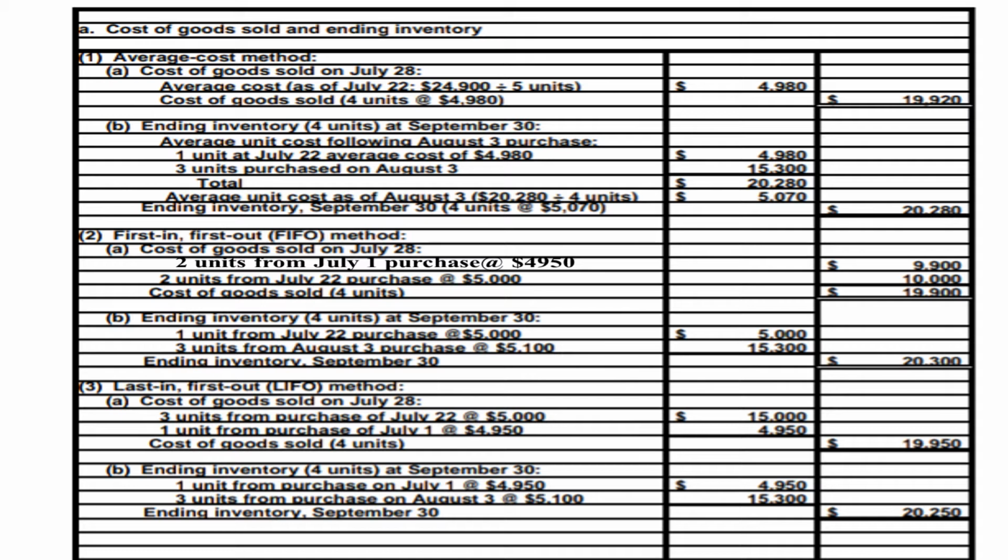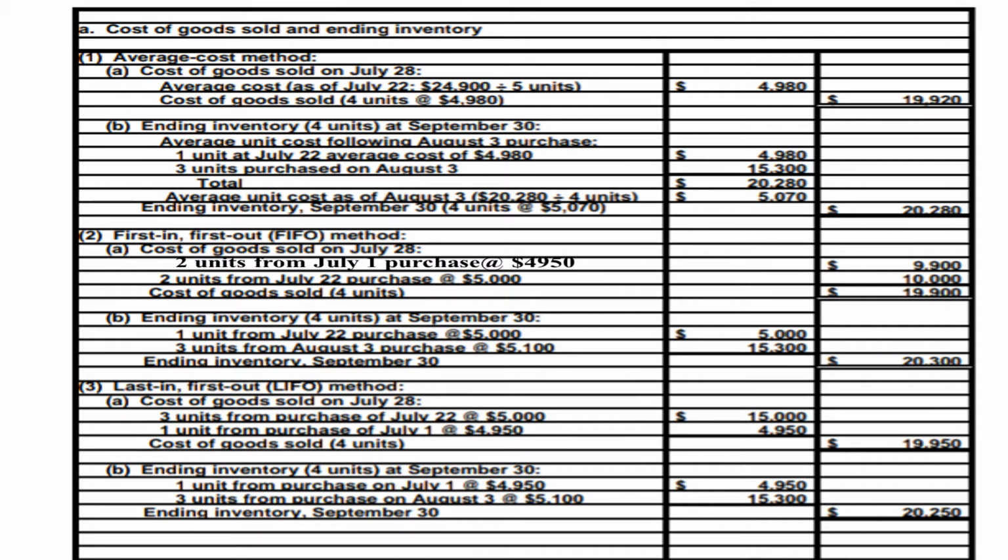So when we are finding the average cost for this question, you have to ascertain that when we were selling these units, if you're selling 4 units, at that point we have only 5 units in hand, and at that time we have the total cost of 24,900.